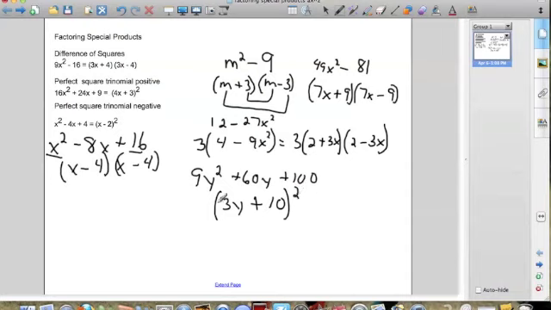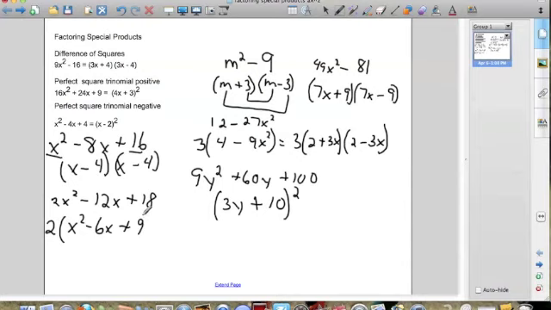Now sometimes you'll have the situation where, say, we have 2x squared minus 12x plus 18. In a situation like this, I can factor out a 2, since all the terms are divisible by 2. After I factor out the 2, I get x squared minus 6x plus 9.